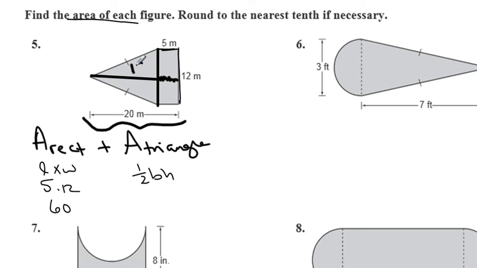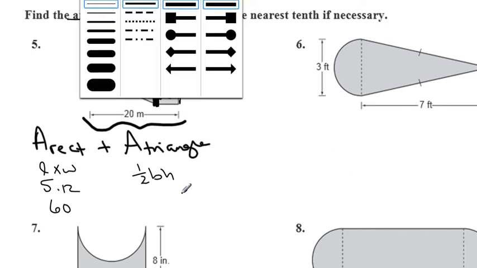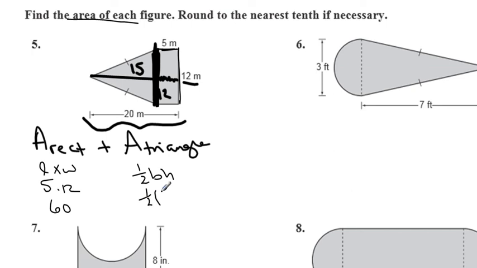So the height here is 15. The base is perpendicular to the height, which is a total of 12. So our area is going to be 1/2 our base, which is 12, times our height, which is 15. So 1/2 of 12 times 15 is going to be 90.